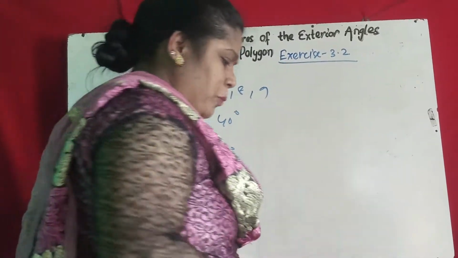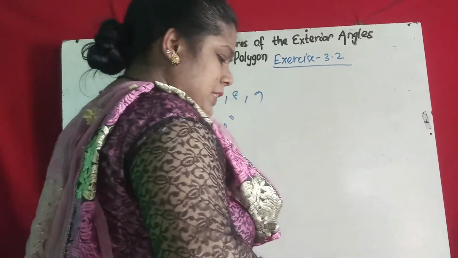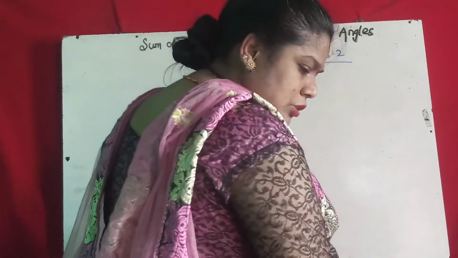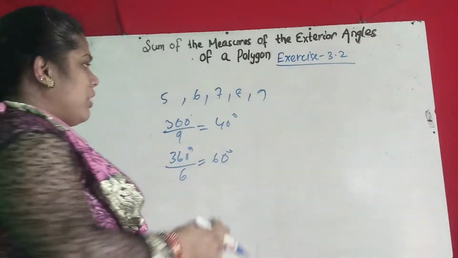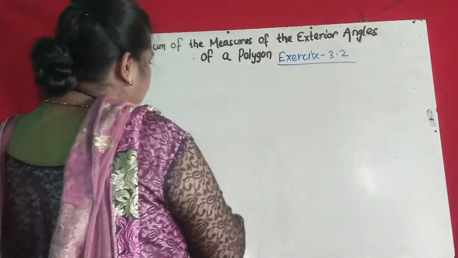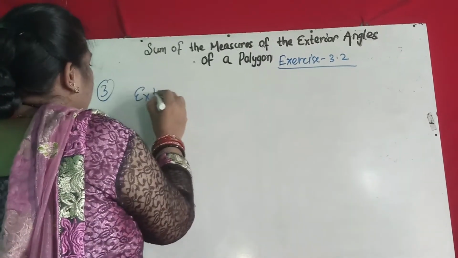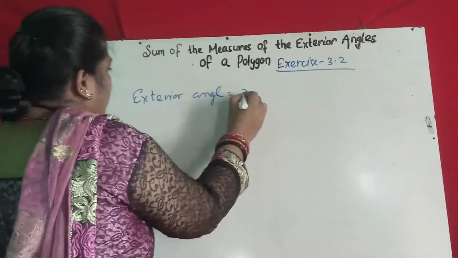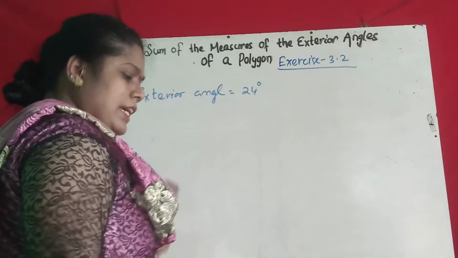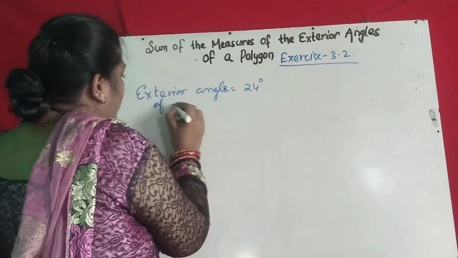Then, how many sides does a regular polygon have if its measure of exterior angle is 24 degree? Okay. So exterior angle means one exterior angle. Number 3. Exterior angle equal to 24 degree.